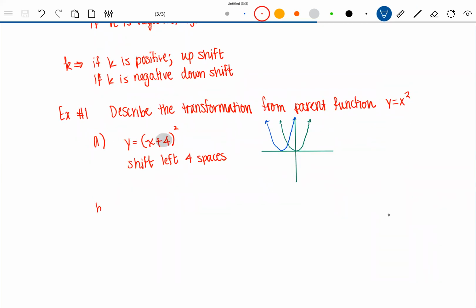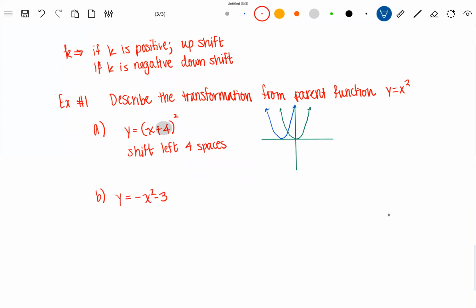Okay, b, y equals negative x squared minus 3. The parent function and 1b both have x's, they both have squares, but this one has a negative sign and it has a constant. Both of those things represent something. My suggestion is you work left to right, and everything that's different, you describe what happens.